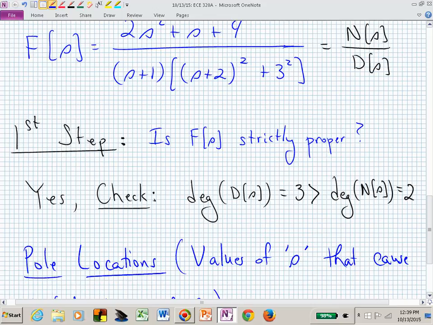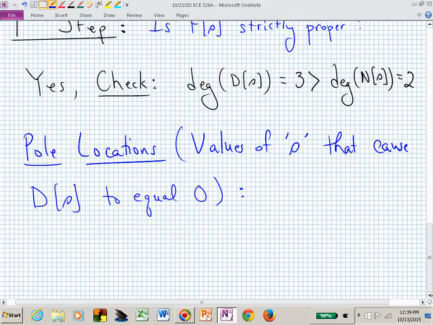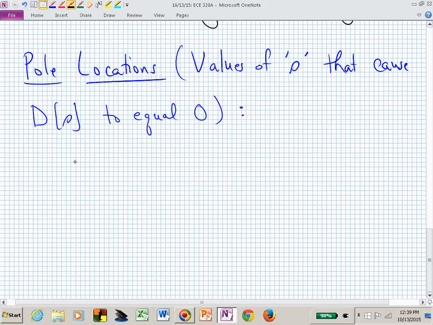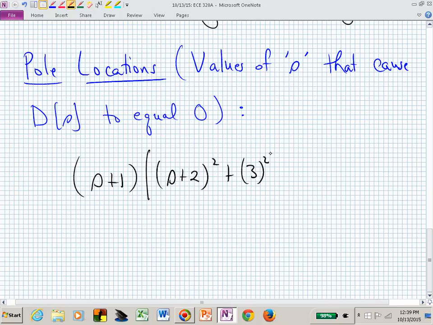The first piece is staring at us, and I hope that's pretty clean as to what we're doing with that, but let me just write down the denominator again. That was S plus 1 times S plus 2 squared plus 3 squared, and we want to find the values of S that cause that to vanish, and the structure that I'm using to write down that quadratic in the square brackets is special.